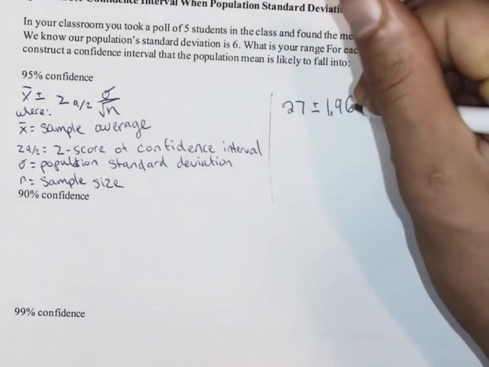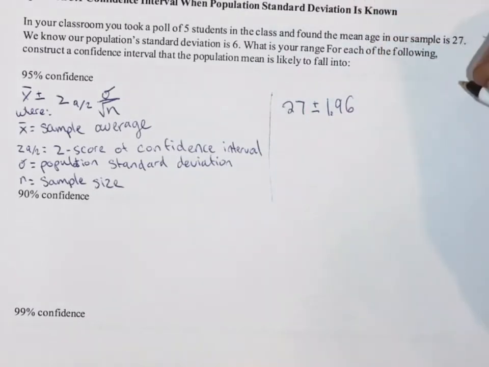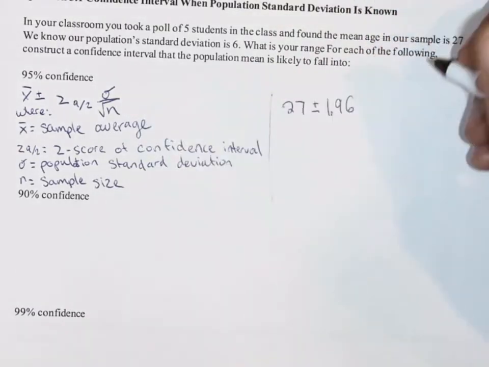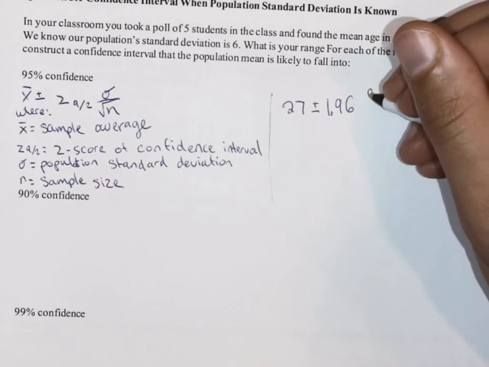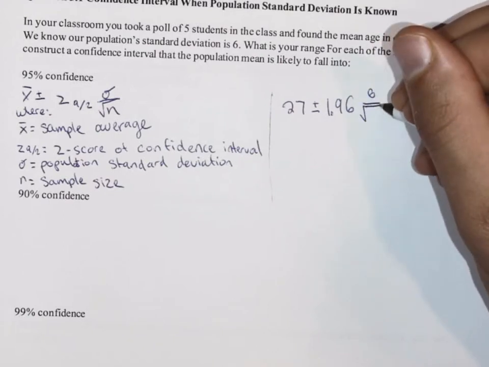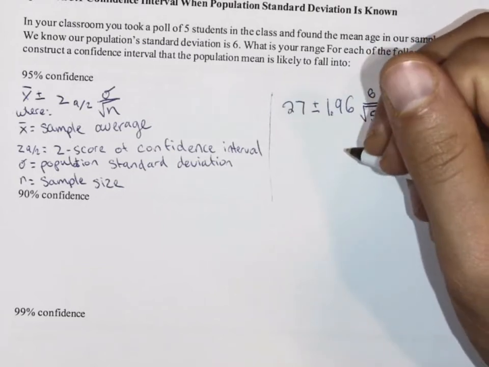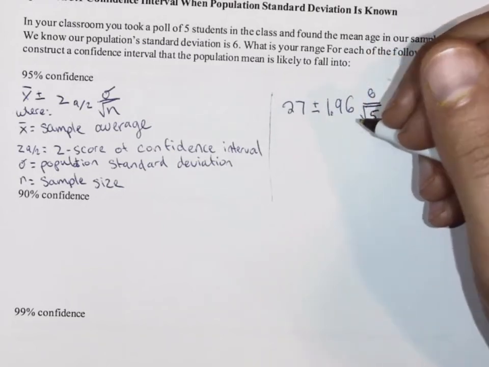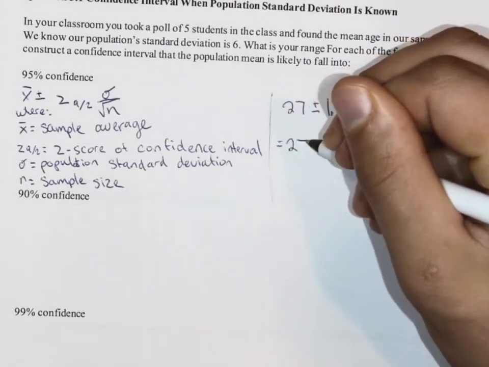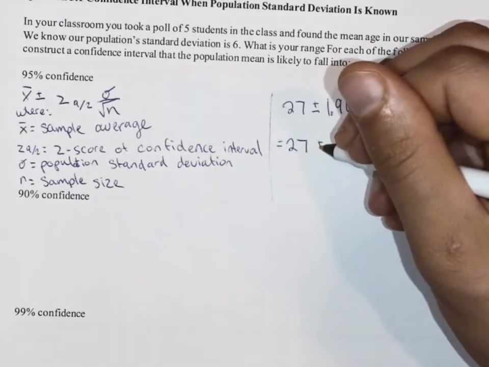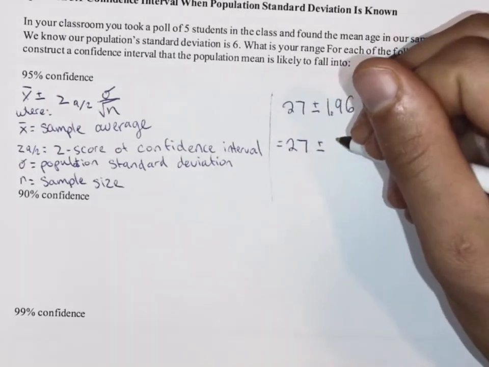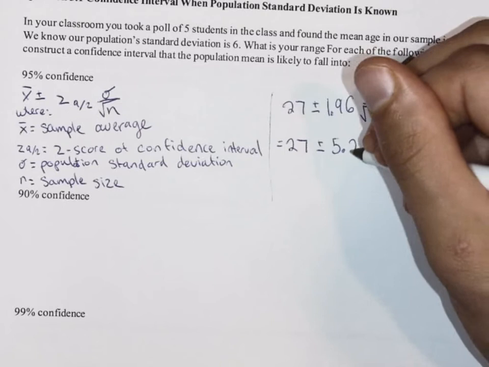1.96 times our population standard deviation, 6, divided by the square root of our sample of 5. This equals 27 plus minus 5.26.